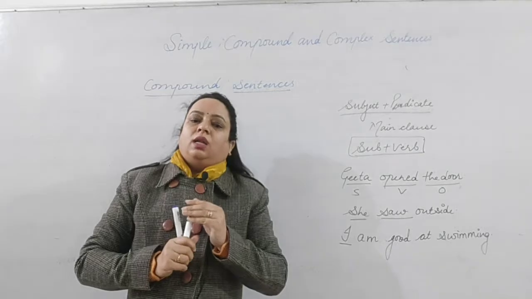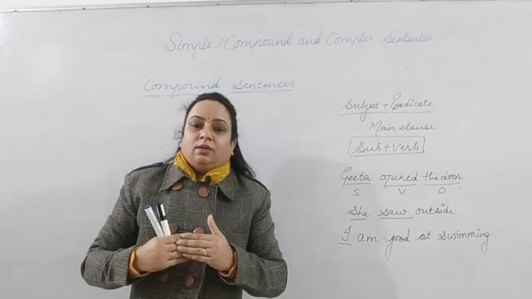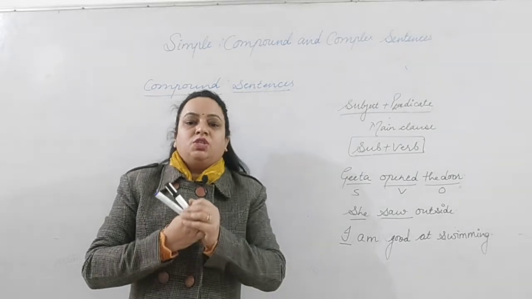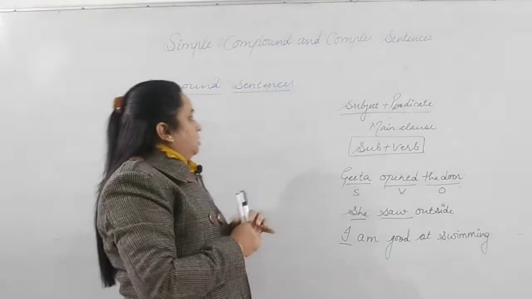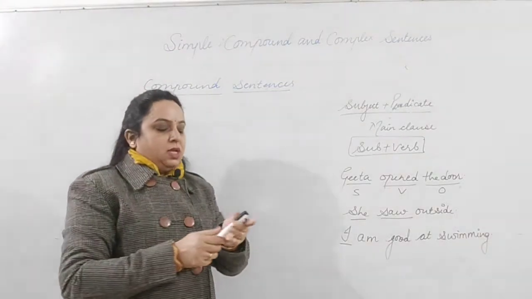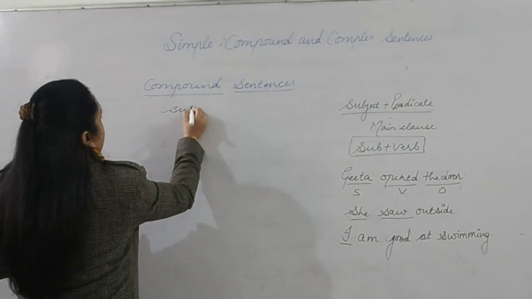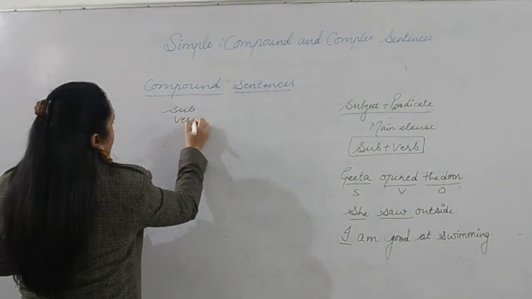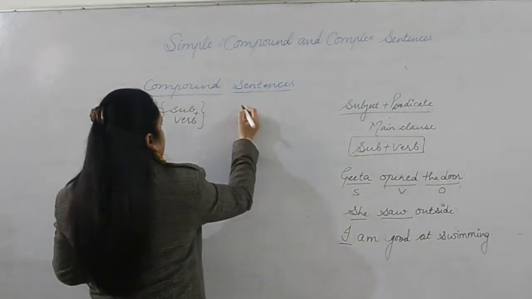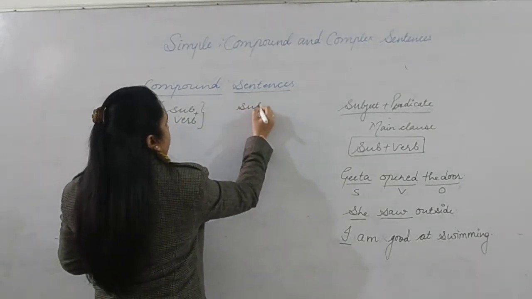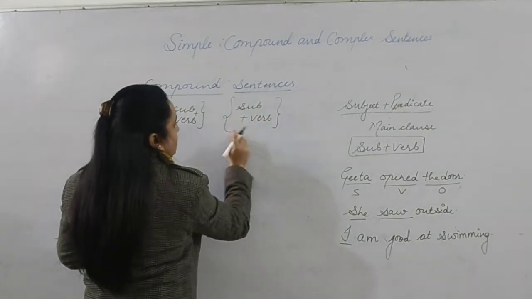So what things do we require to join here, and what things help us to attach and combine these two things? First let me tell you. A compound sentence requires two sets of subject and verb. Subject and verb is one clause, and in the other sentence there is also subject plus verb.